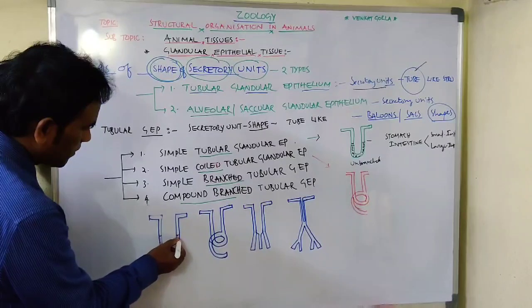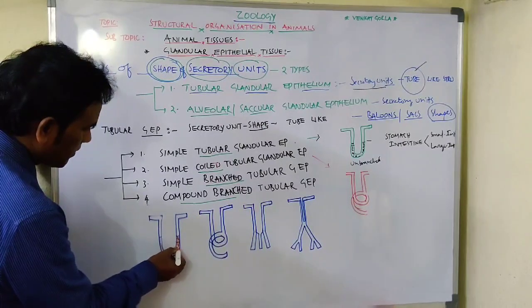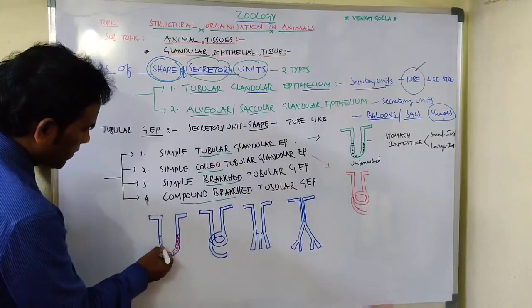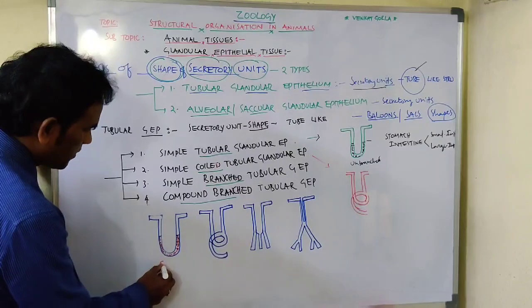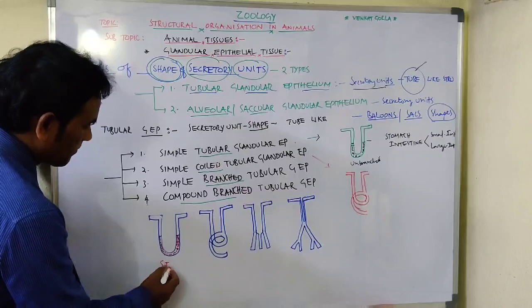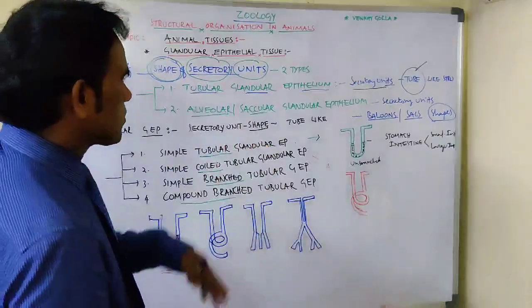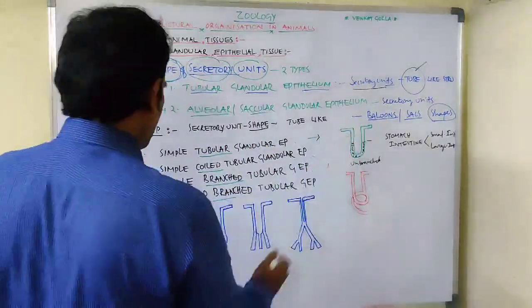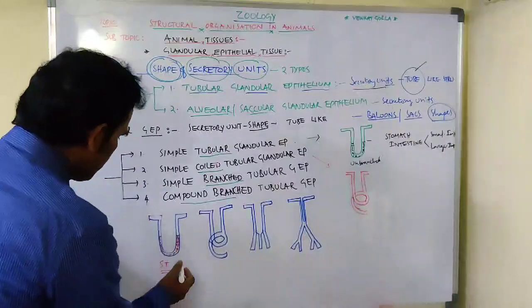These are simple tubular secretions, and this is located in the stomach and intestine.